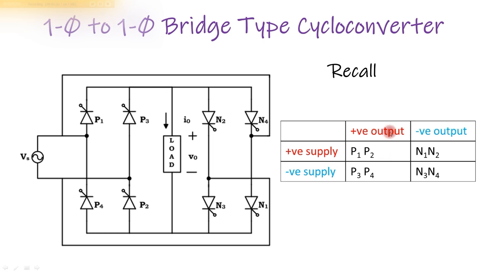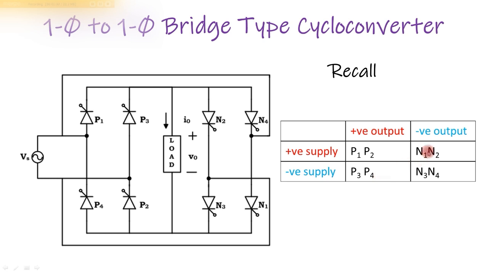If positive output is required and supply is also positive, then P1 and P2 are active. To obtain negative output when positive supply is available, N1 and N2 are active. When positive output is required when negative supply is available, then P3 and P4 are active.